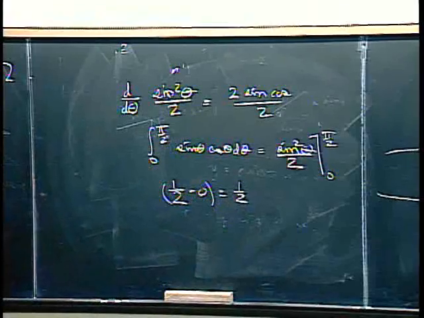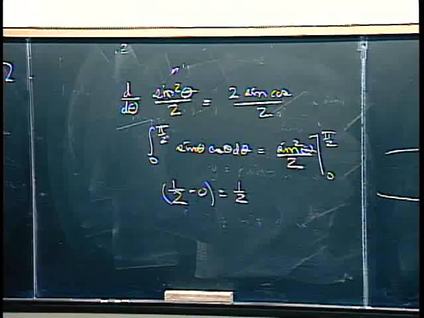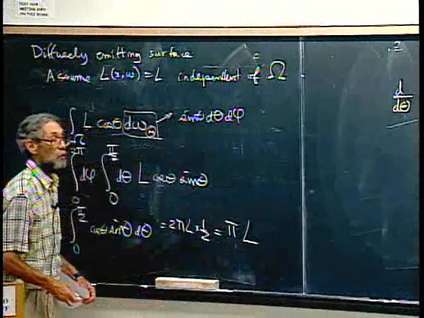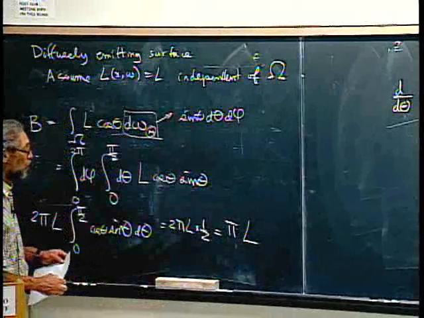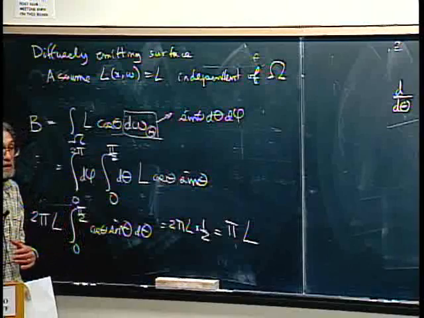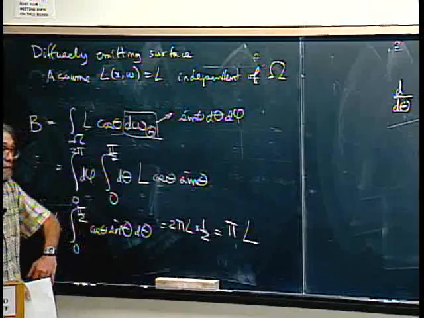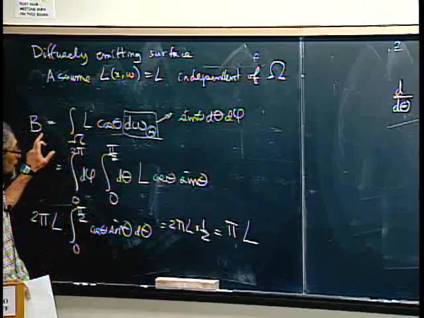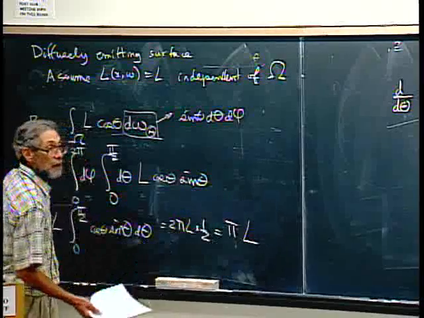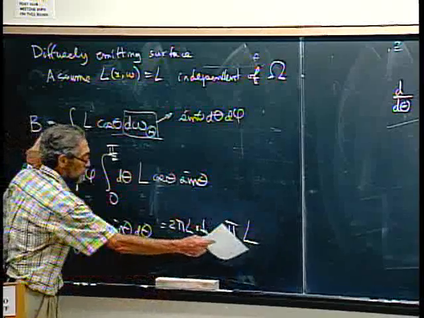So I have 2 pi L times a half, which is pi L. So what that says is, if the light is exiting equally in all directions, then the actual complete radiosity is pi times the radiance.